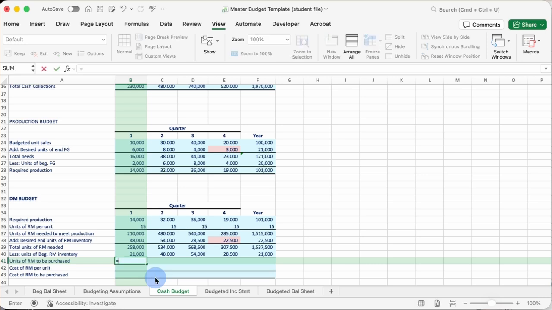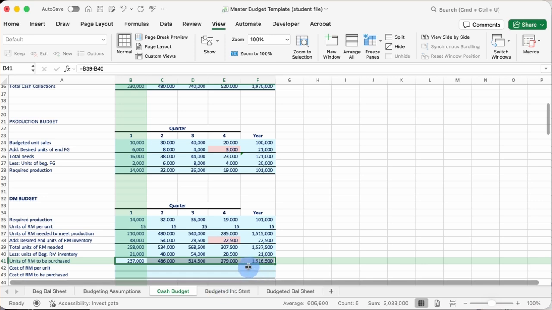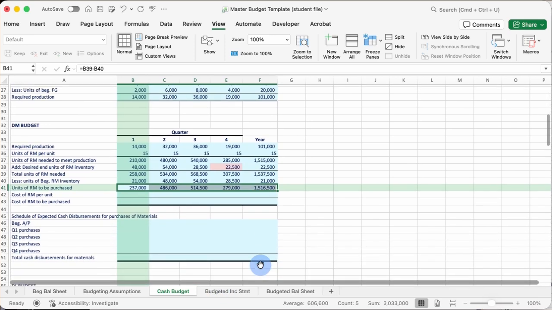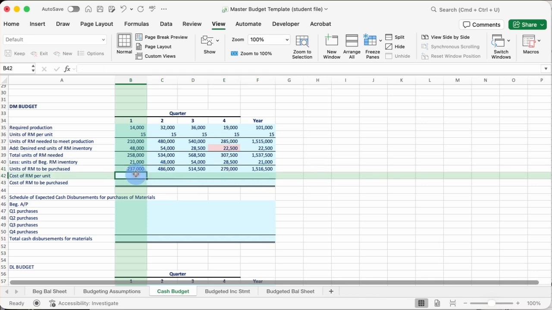Now that we have this, we can take our units of raw materials needed minus what we have in our beginning raw materials and press enter, and we'll get the units of raw materials that need to be purchased. We can fill this all the way to the right, and so what you should have now is 1,516,500 of raw materials have to be purchased for the year.